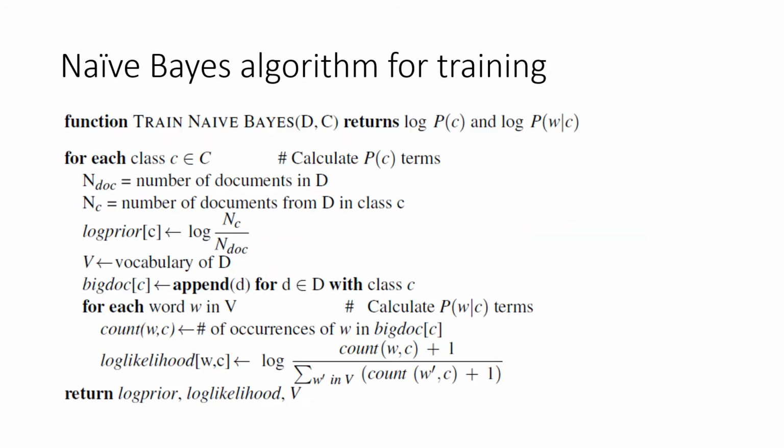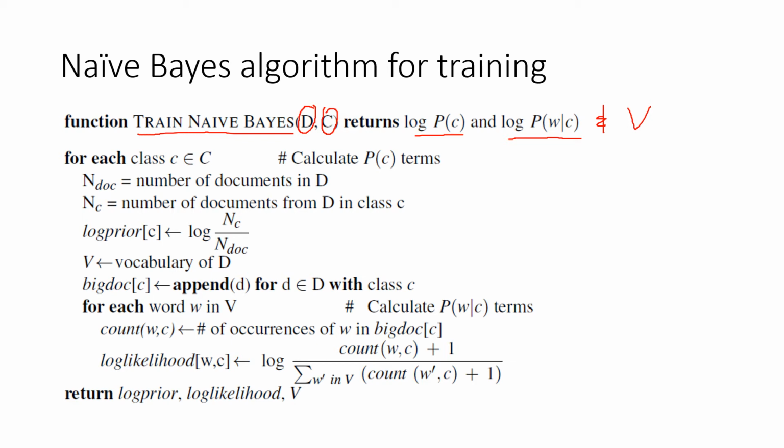Here we have the pseudocode for the Naive Bayes algorithm for training. The function train Naive Bayes has two input parameters, set of documents and set of classes, and it returns the log of prior probability of each class, the log of probability of a word given a class, and it also returns a vocabulary which contains all words from our training data set.